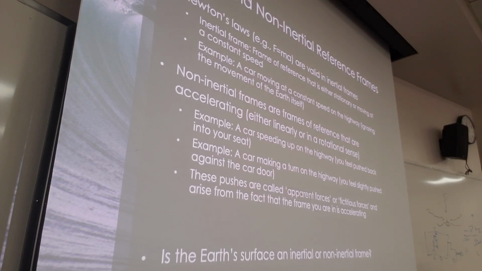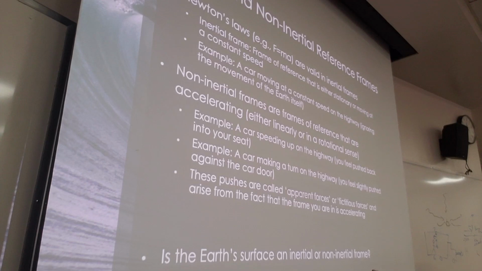You feel like you're pushed into the floor, and when it starts to stop, you feel a little bit lighter than you normally are. And if you've ever jumped in an elevator, you can jump kind of high. Those things are called apparent forces or non-inertial forces, and they show up whenever the frame you're in, or your frame of reference, or the observer, is accelerating. And that turns out to be very, very important to the climate system.